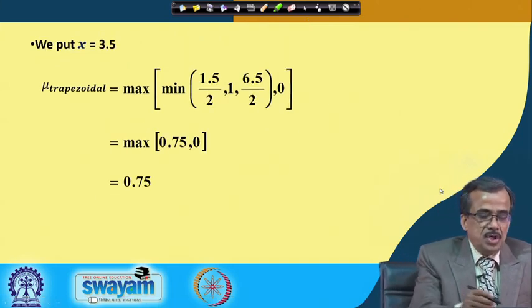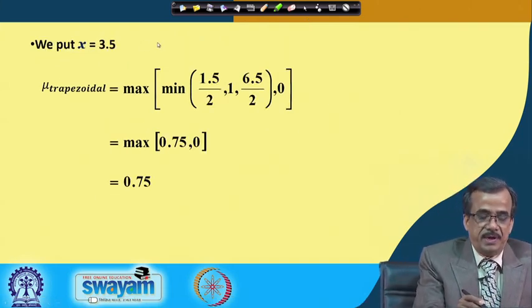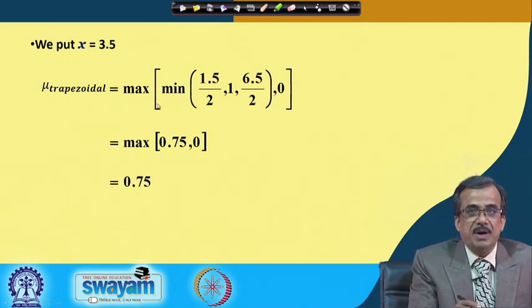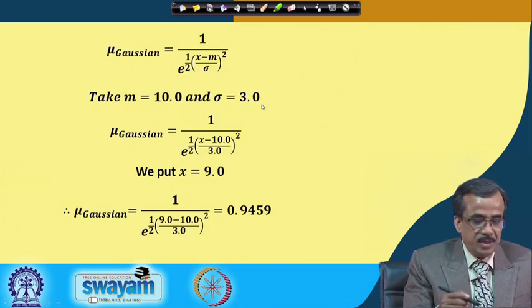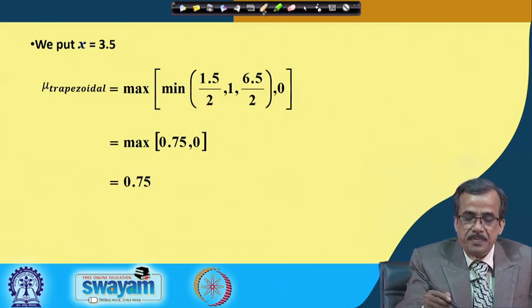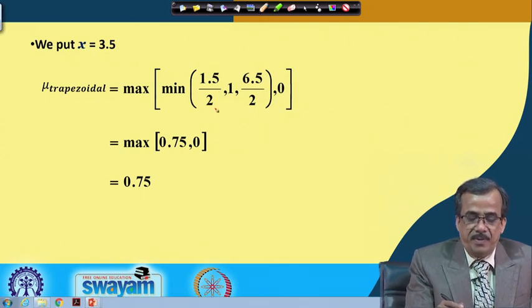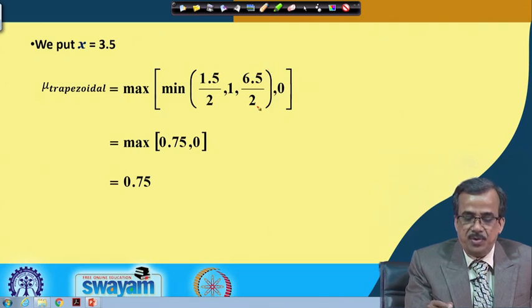So, if we put x equals to 3.5, you will be getting mu trapezoidal, which is nothing but the maximum between, and before that you will have to find out the minimum among these 3, that is 1.5 divided by 2, comma 1, 6.5 divided by 2.